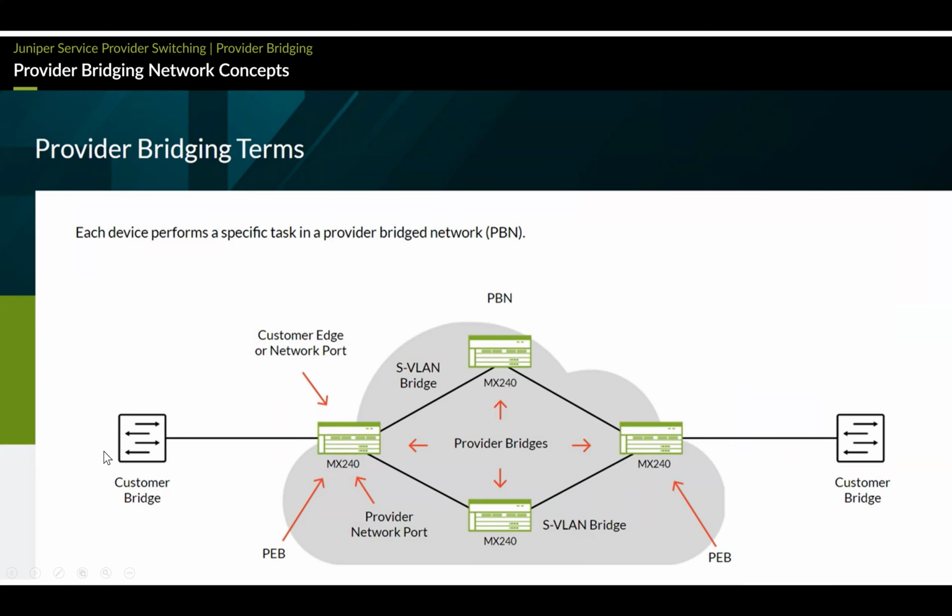Okay, so this is the topology for understanding the provider bridge network. See, this is the customer bridge, that means the customer switch. On another side, this is also a customer bridge, basically the customer switch. And here, in the example, they are taking an MX240 router. This is the customer, and this is the provider bridge.